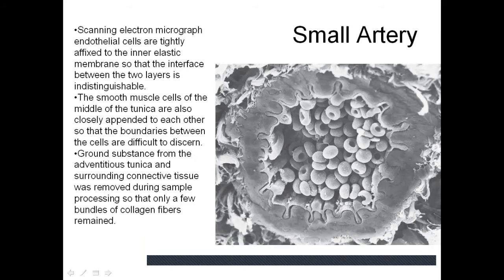This is a central depression in the red blood cell. Here are the endothelial cells on the inside. Here is the internal elastic lamina, and here is the media with the muscle cells, particularly smooth muscle cells, which are filling up this media.